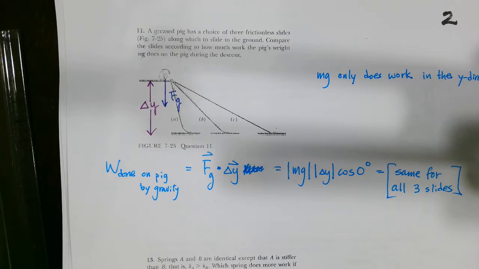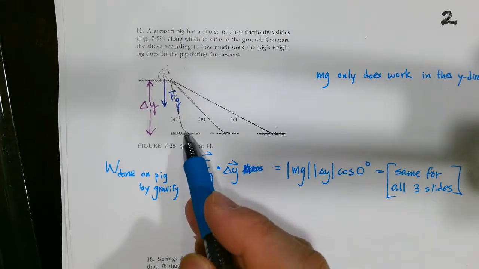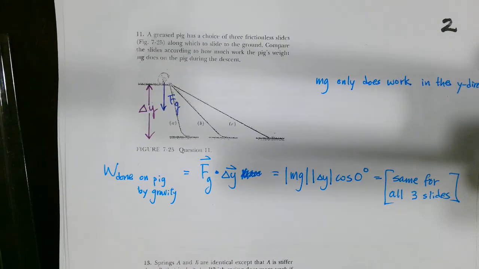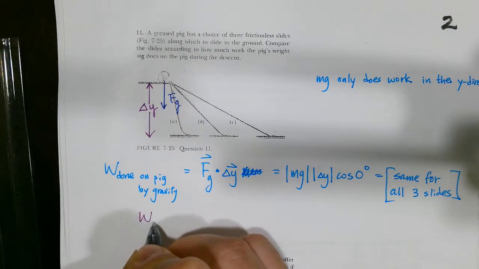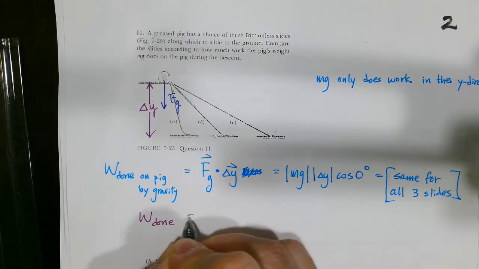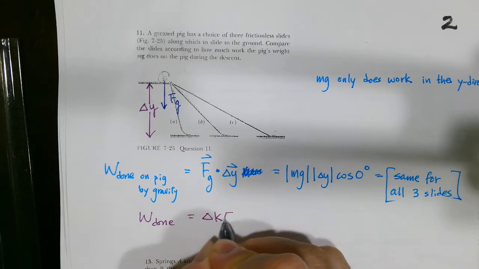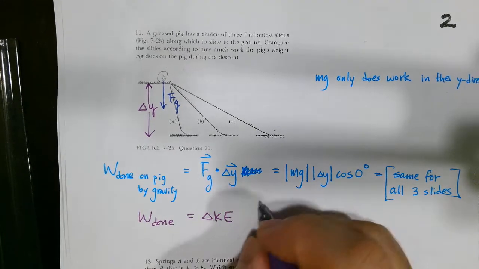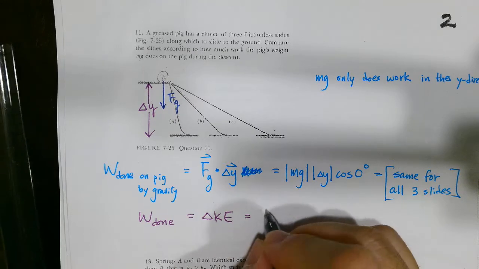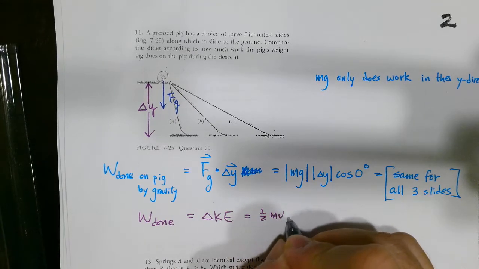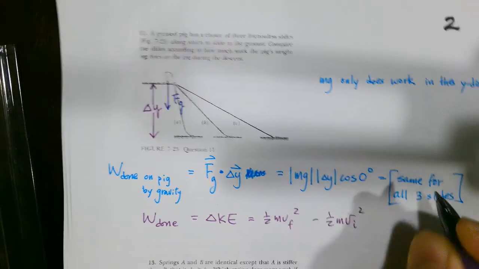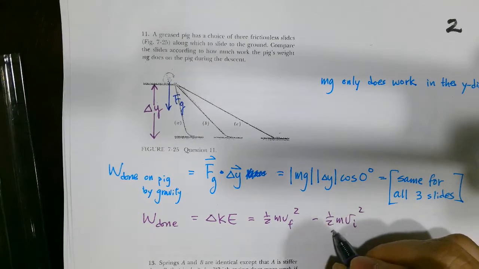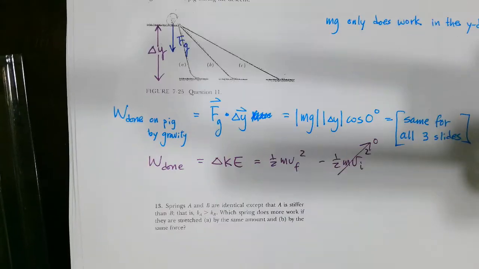Well, what's going to happen to this pig's speed as it comes down to the bottom of the slide? If we look at work done, it is equal to change in kinetic energy, and change in kinetic energy is equal to 1/2 m v final squared minus 1/2 m v initial squared, and the initial is pretty much 0.